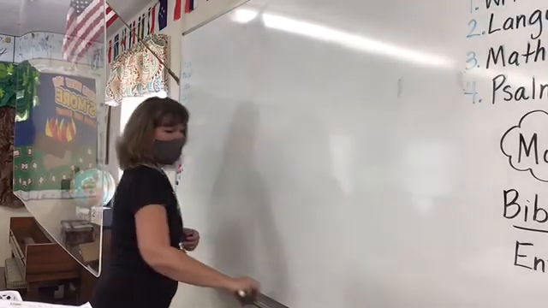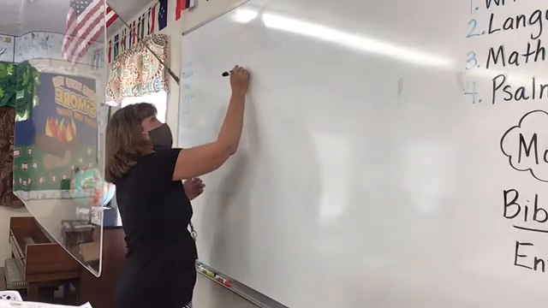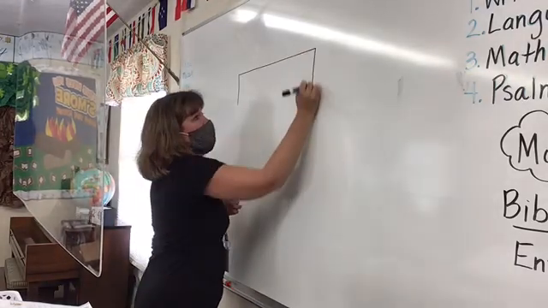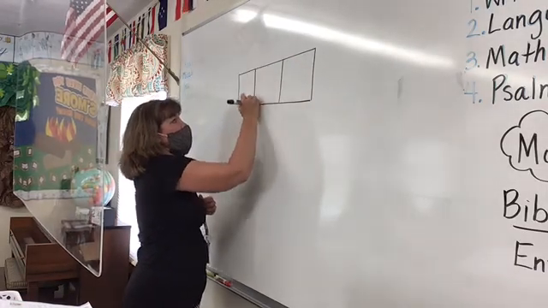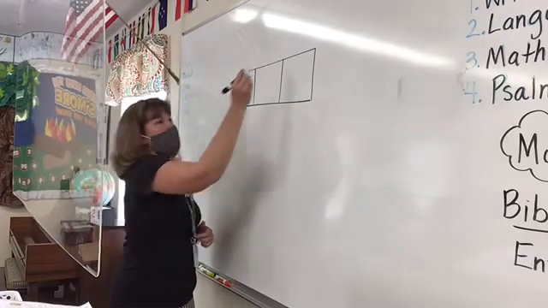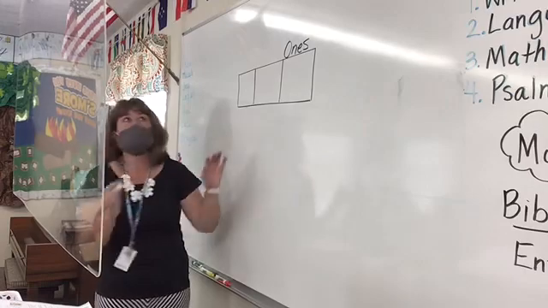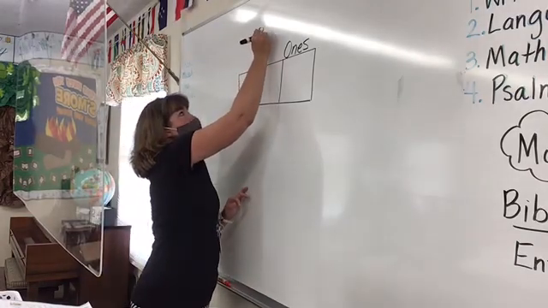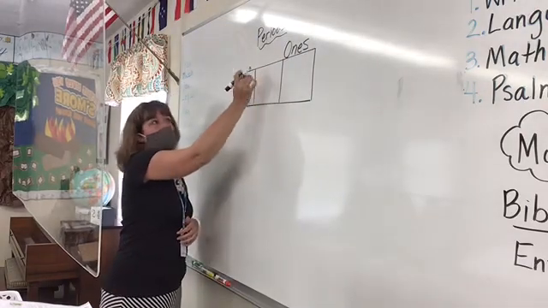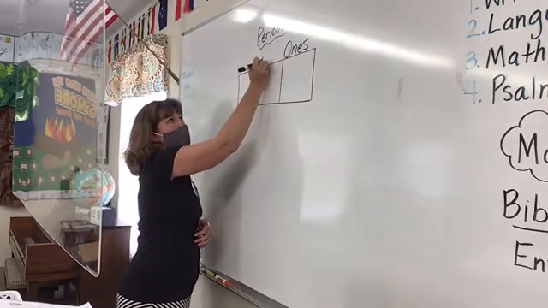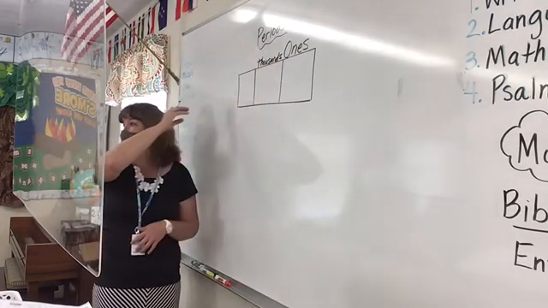Okay, let's review periods, because I think that got a little bit confusing too. All right, so let's say we have, I'm going to draw them in a box, okay? We've got our first box is our ones period. I'm going to write periods at the top. And then our next period is thousands. And then our next period is what?